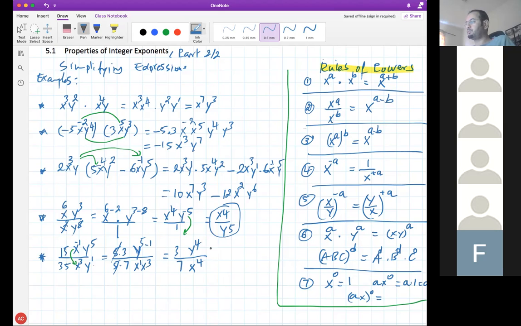Okay, so that's the final answer here. There's nothing else we can do. The bases are different, so we can't add or subtract these. And that's it. At least you went from an expression that looked a little complex with the bigger numbers, to something much simpler. That's all you can do to this example.